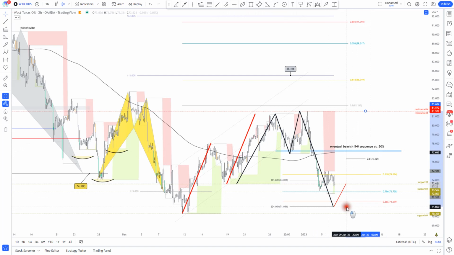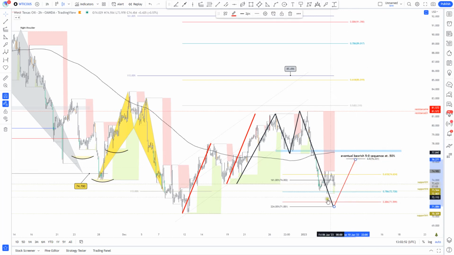So basically I will adjust my 50% Fibonacci retracement level, so that there will be again the possibility to form another bearish 5-0 sequence after the formation of the shark pattern at the bottom.